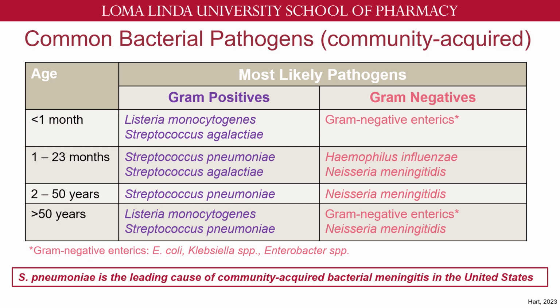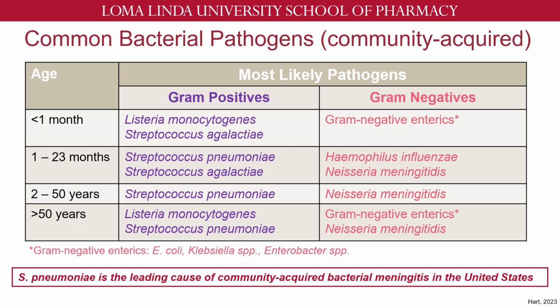Now, most of your patients that you'll probably see in a general adult hospital are going to fit the next two age categories, 20 to 50 and greater than 50. So if we look at the 20 to 50 age range, we generally think of Strep pneumoniae for these patients. And for gram negatives, we think of Neisseria meningitidis.